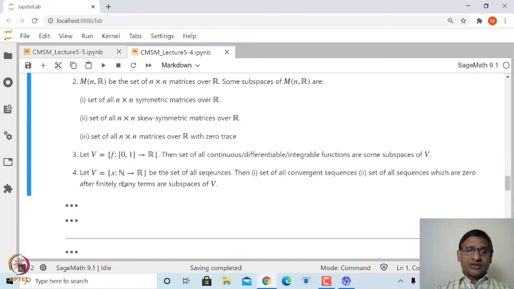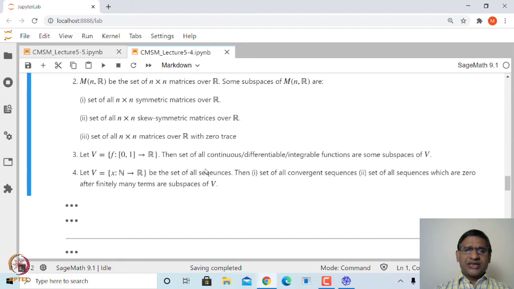Similarly, if you take the set of all sequences, this is a vector space, and you can take the set of convergent sequences, that's a subspace of this. You can take the set of all sequences converging to, let us say, 0, that's a vector subspace. The set of all sequences which are 0 after finitely many terms is also a vector subspace.